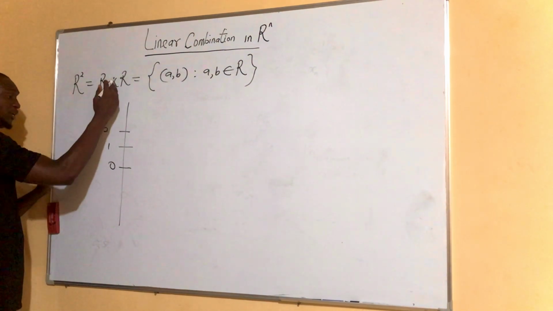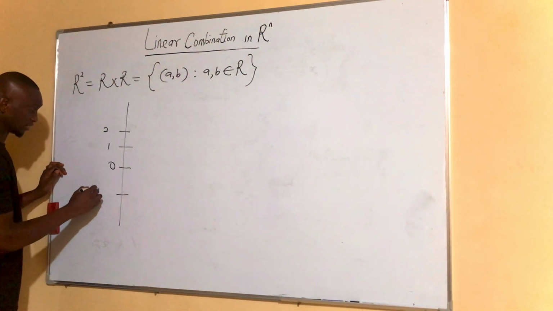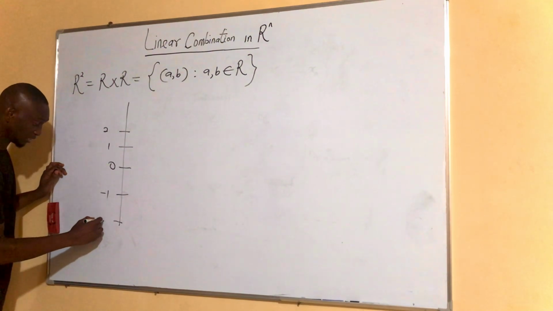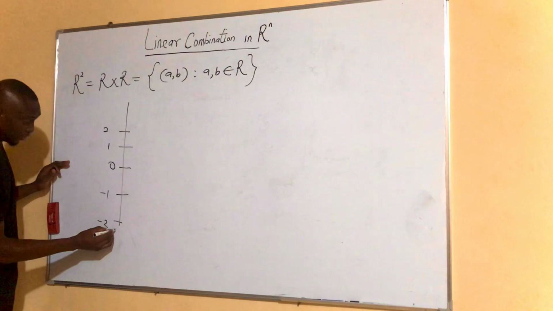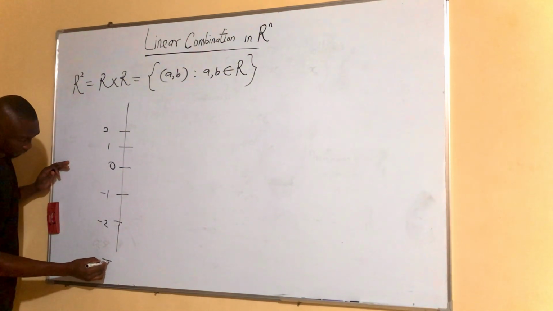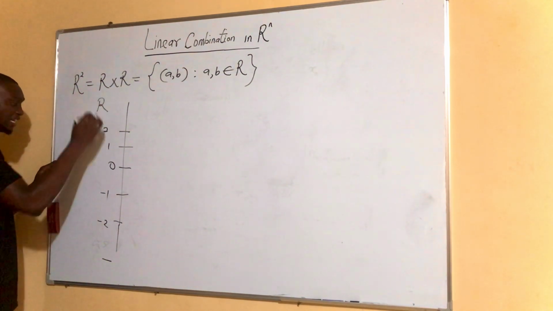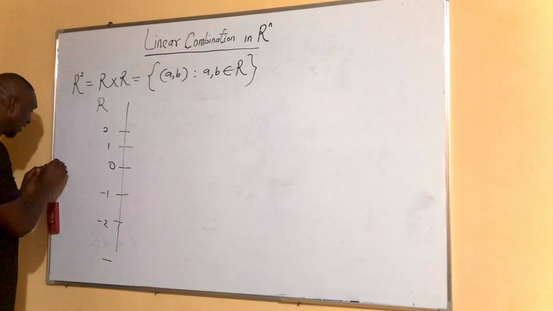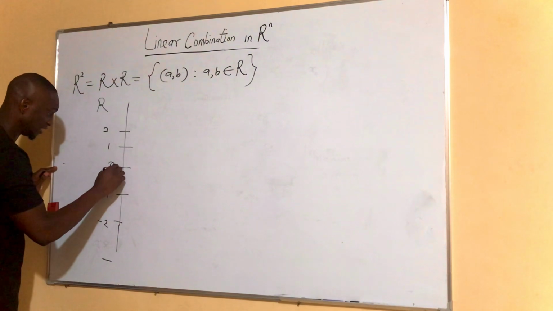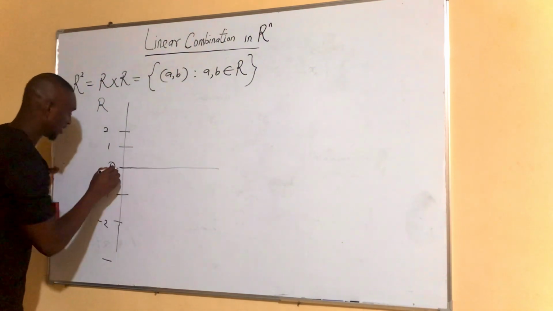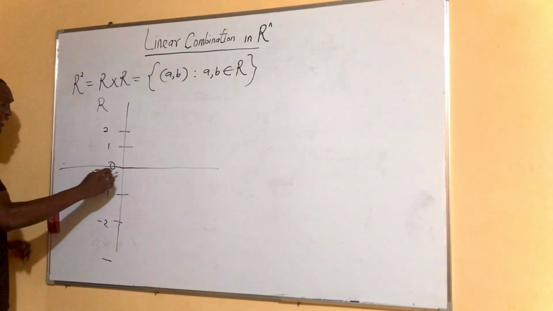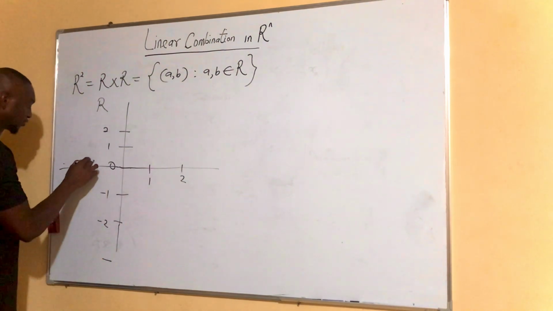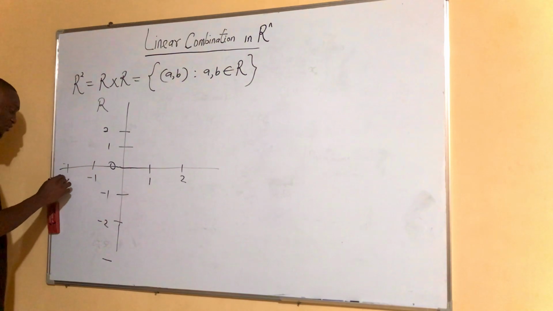Here are positive real numbers, and this downside is called negative real numbers. And here is a real number R, and at the same time I'm bringing another real line, and if I extend this line to this other side, here we still have a real line. Let's call here 1, and here 2, here -1, and here -2.